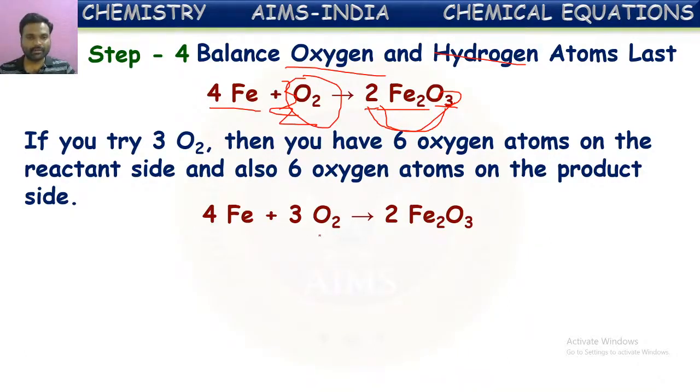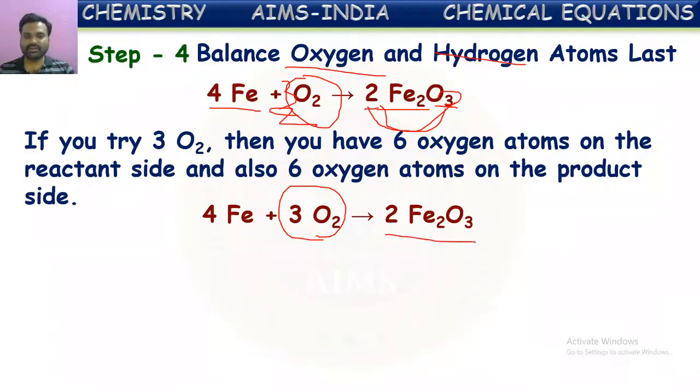So what is the number of oxygen atoms on the reactant side now? If we count, in each molecule there are 2 oxygen atoms and there is a coefficient. If there is any coefficient, that should be multiplied by the number of atoms in the molecule to get the total number of atoms. So if you multiply these two, we get 6 oxygen atoms on the reactant side.